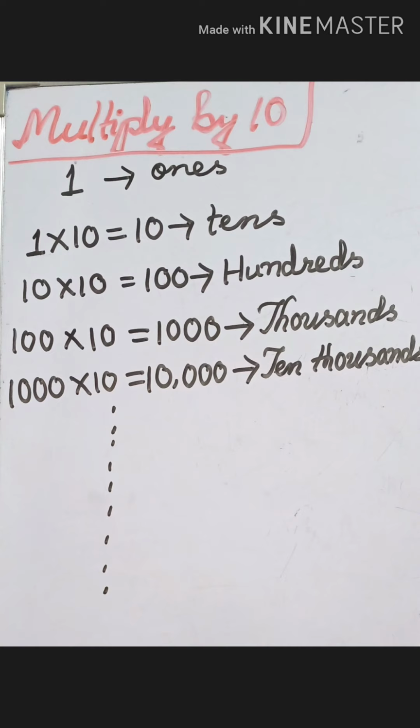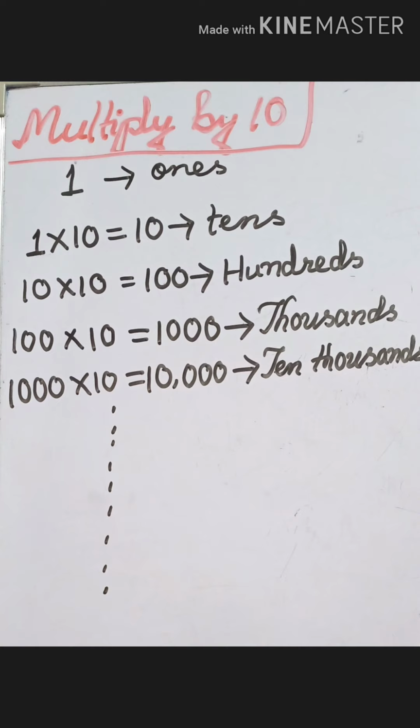Then you multiply 10 again by 10, so you get 100. This is the hundreds position. Again 100 into 10 is 1000, so you get the thousands position. Then again 1000 into 10, so you get the 10,000 position, and so on.